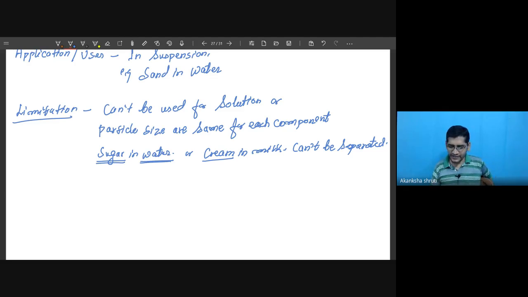Students, then how to separate the sugar in water and cream from the water? If the sizes are comparable, but the masses are different, then we use centrifuge.